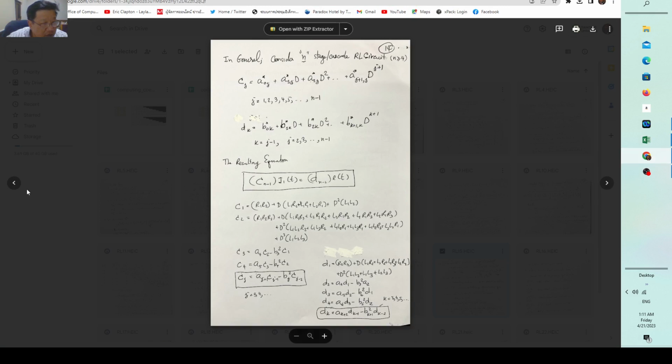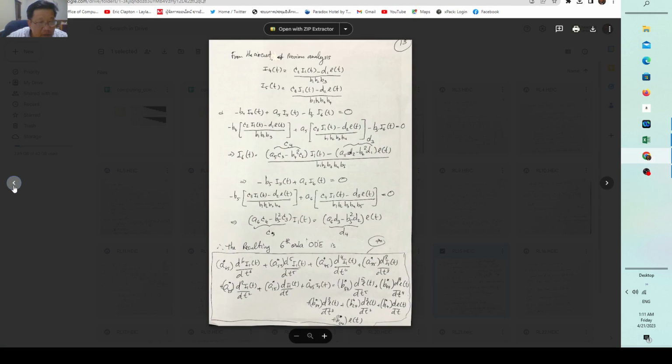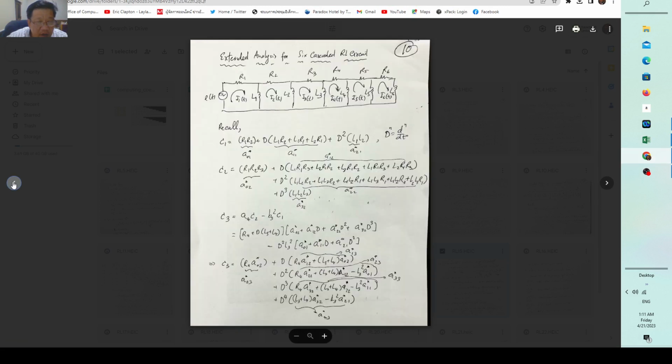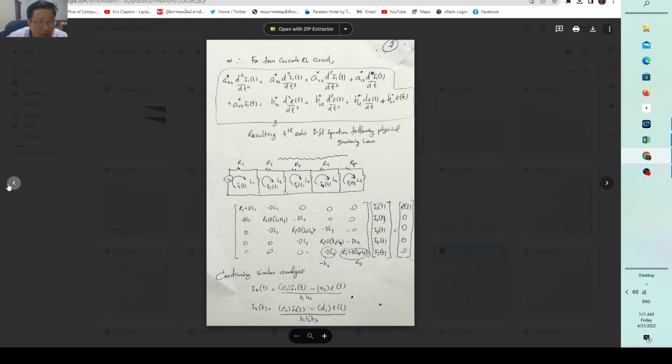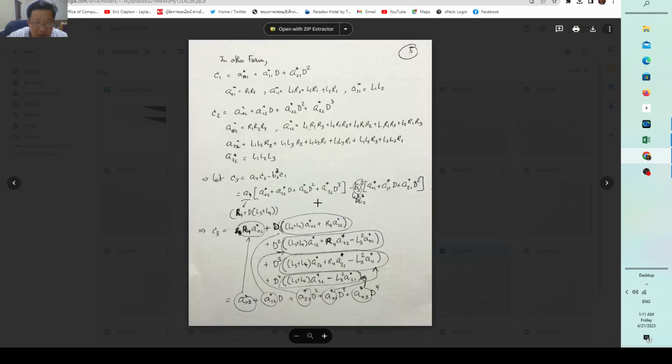We already did some explanation in this form, if you remember last time. Once you know C1, C2, this one, L sub 1 times R sub 2 times, this is not R sub 1, should be R sub 2. And C sub 3 here is A sub 4 times C2 minus B3 squared C1.